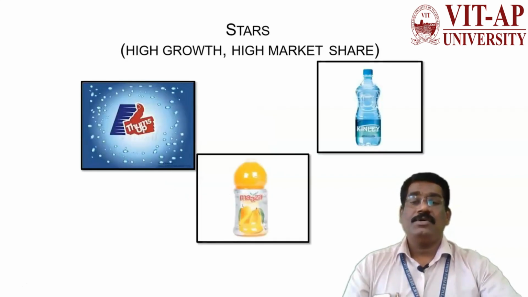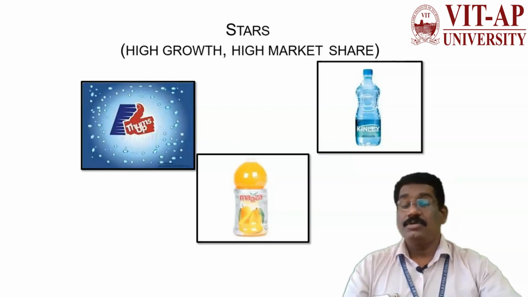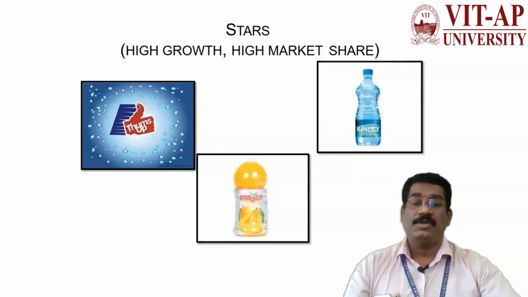What happened is there is a lot of consciousness about carbonated drinks. That's why we are not able to add that cola drink in this category called star, because consumers are very health conscious, and carbonated drinks are more prone to being carcinogenic. Consumers are very well aware of it, and they are not interested in going for carbonated cola drinks.